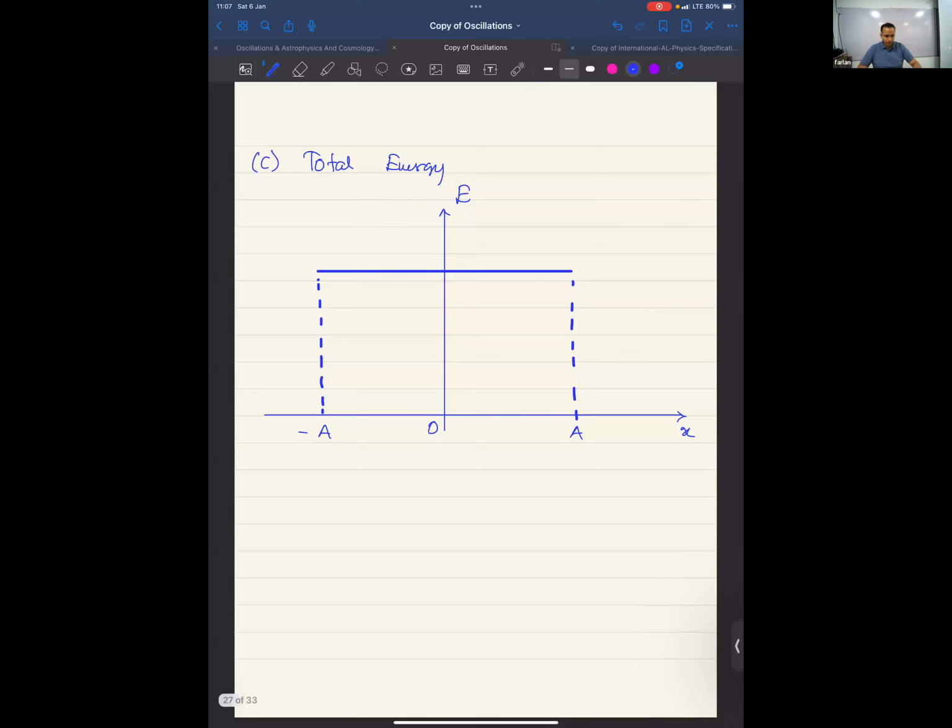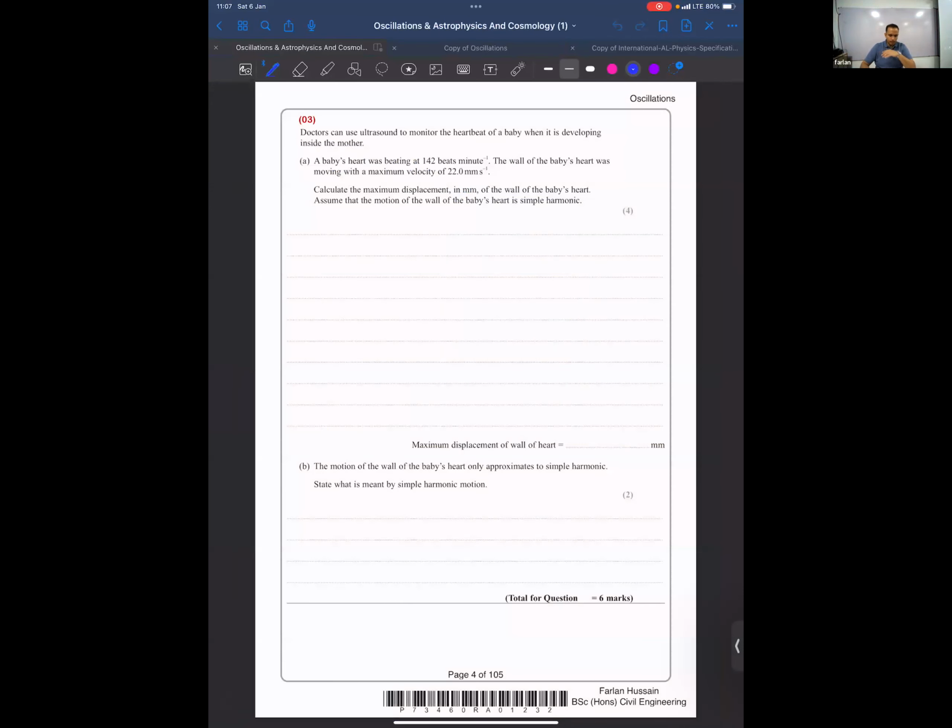Okay. So there are no energy losses. I mean, if you look at an ideal situation, no, but practically, yes. Right.